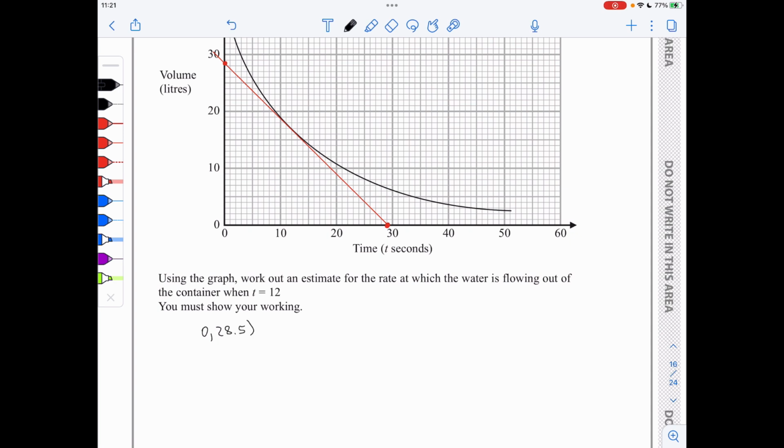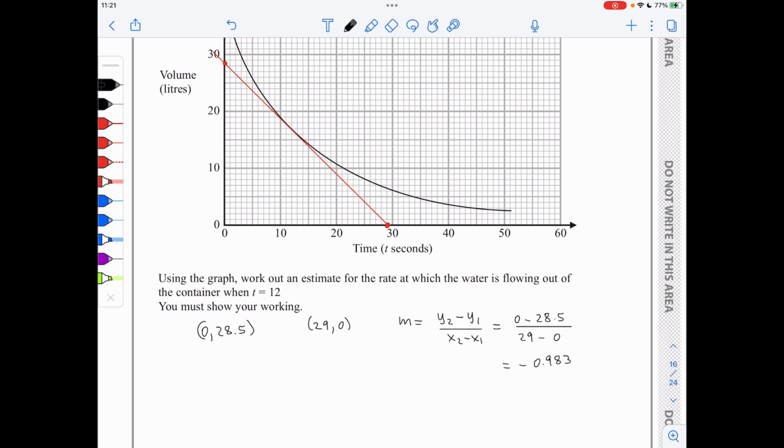So the 2 points I'll be using are 0, 28.5 and 29, 0. So I'm using m is y2 minus y1 over x2 minus x1, which turns out to be 0 minus 28.5 over 29 minus 0. To 3 significant figures, it's minus 0.983.